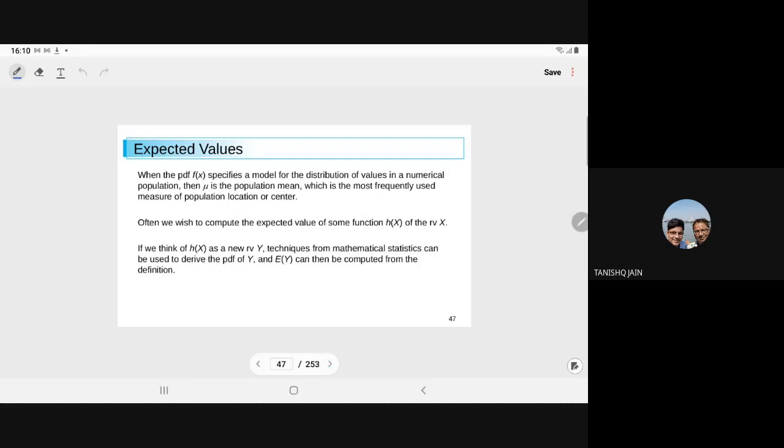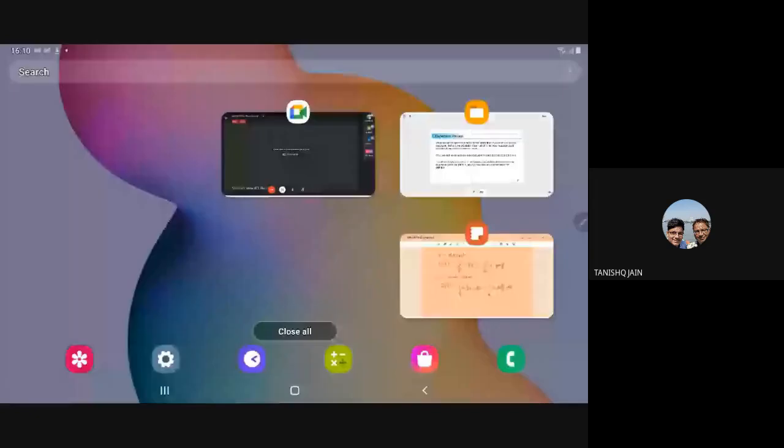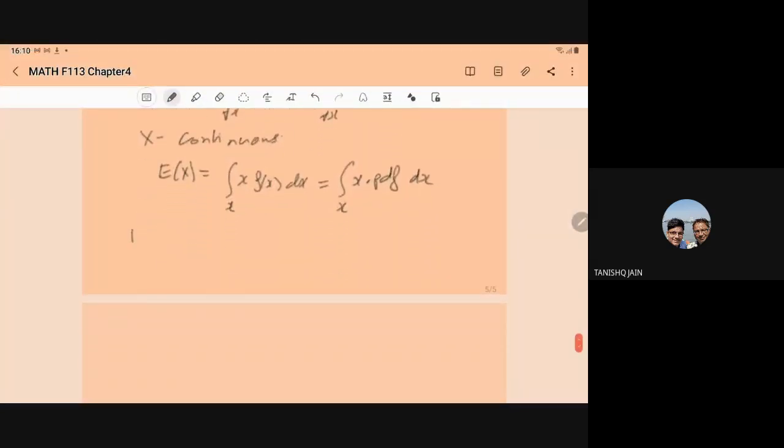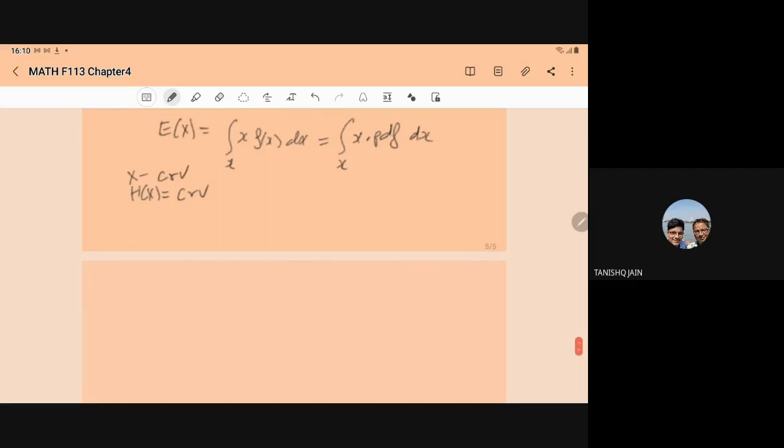Similarly, if x is a continuous random variable, then a function of x, h(x), is also a continuous random variable. So to compute the expectation corresponding to this random variable h(x), it will be the value of h(x) into the corresponding probability into dx, provided this integration must exist.